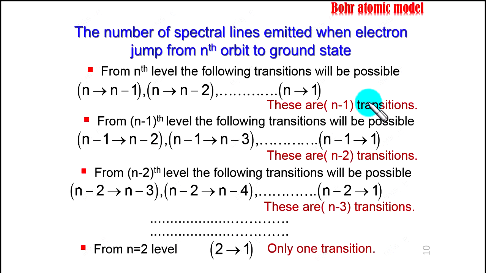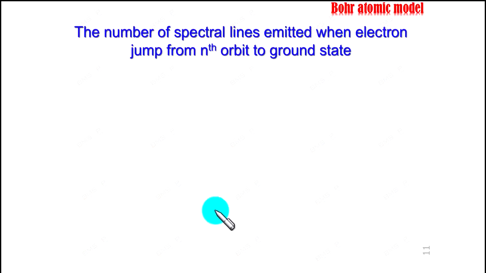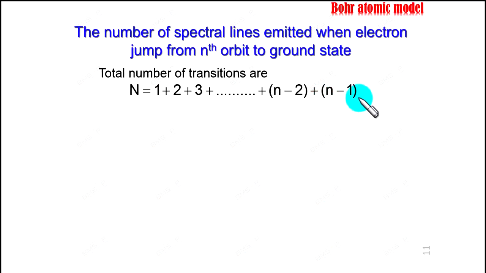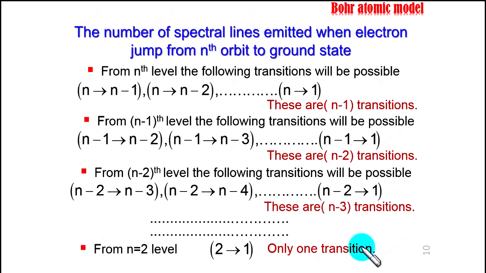If we add these numbers of transitions, that is 1, 2, 3, n minus 3, n minus 2, and n minus 1, let us add the number of possibilities now. This is 1 plus 2 plus 3 up to n minus 2 and n minus 1 finally, because the final was n minus 1 here.